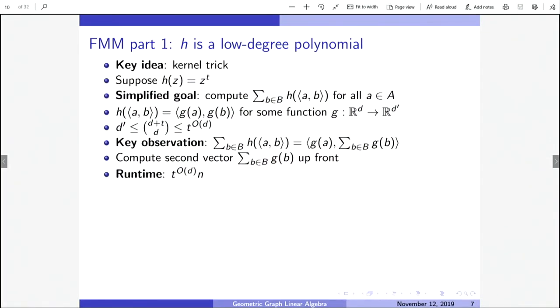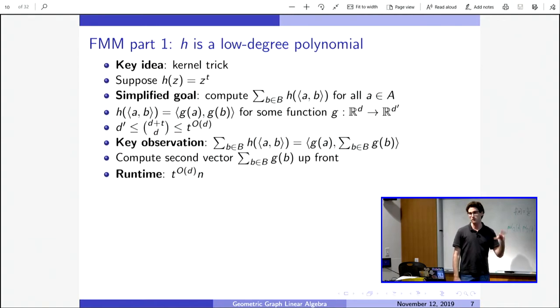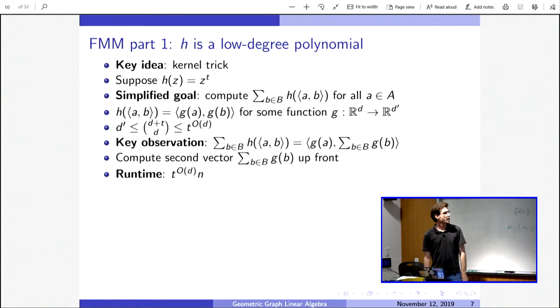So the key observation, now that we use this trick, is that the sum of these weights is equal to g of a inner product with the sum over b of g of b. The reason this is useful is that we can use pre-processing to compute this sum over b. Then after we do that, we just take the inner product with each of the embedded vectors from A. That gives us all of the inner products that we need, and that took t to the O of d times n time.